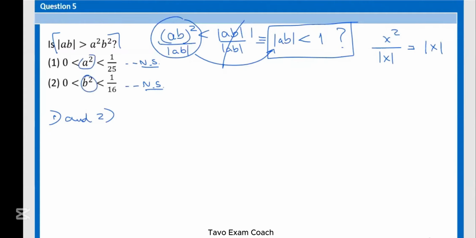We apply the rule, and a squared b squared is greater than some minimum value and less than some maximum value. If we do the cross product here, we get that the minimum would be 0 and the maximum would be 1/25 times 1/16. So we would have this.